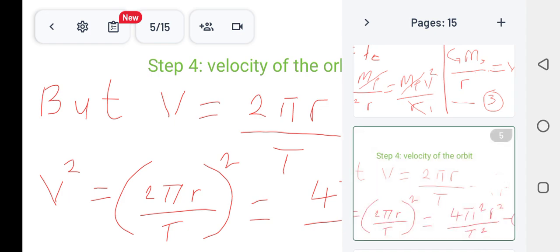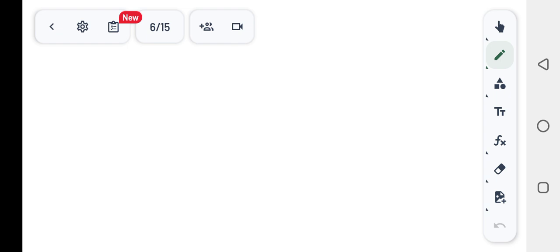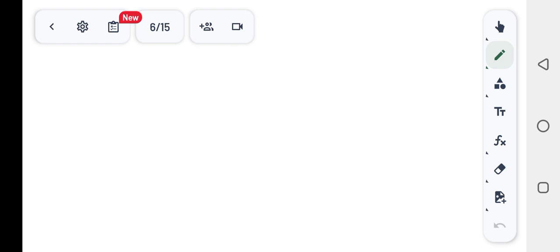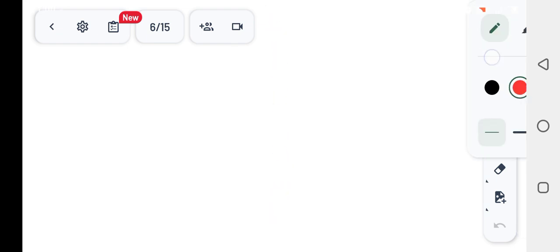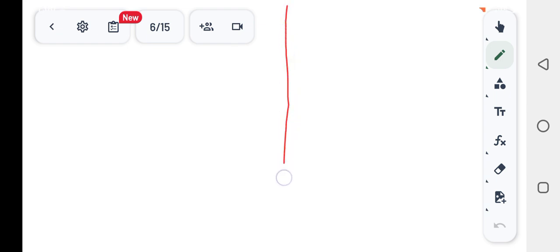Now the next step. Here we are going to equate equation 3 and equation 4, equating these velocities.